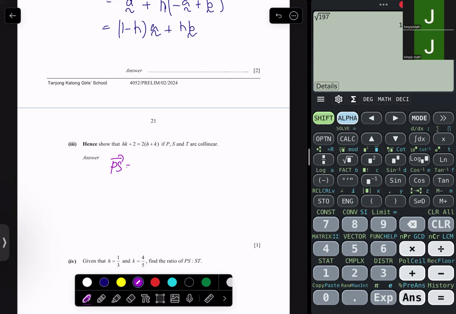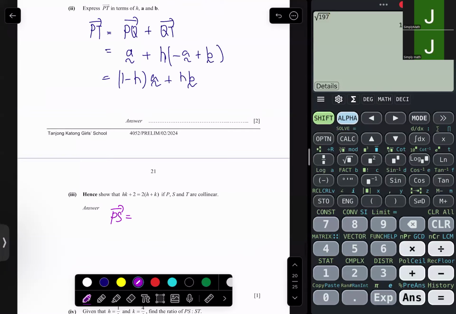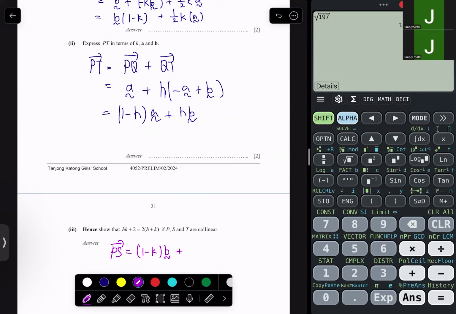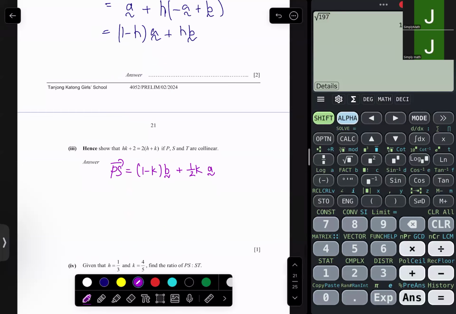PS equals to 1 minus K B plus half K A, right?